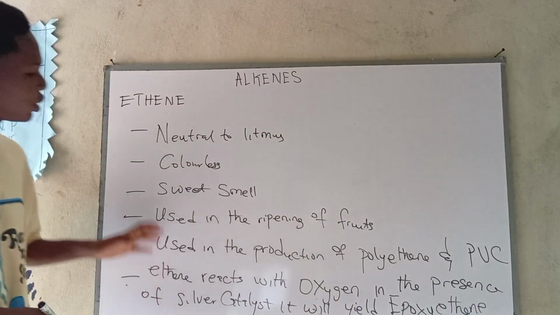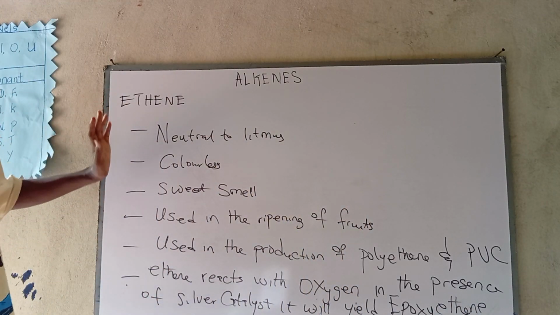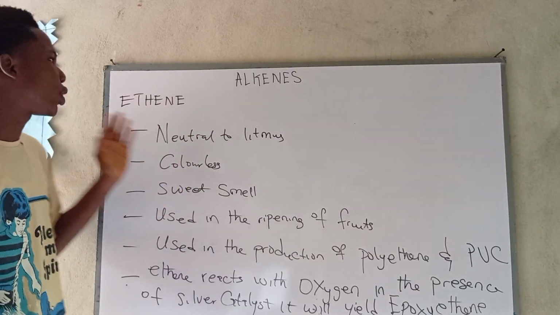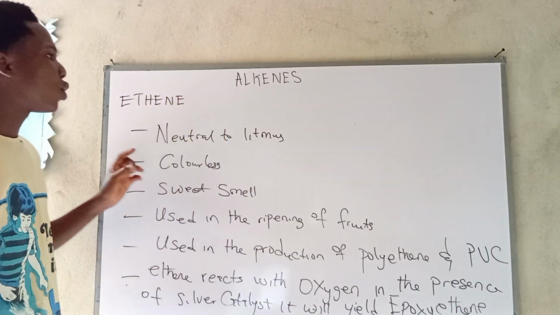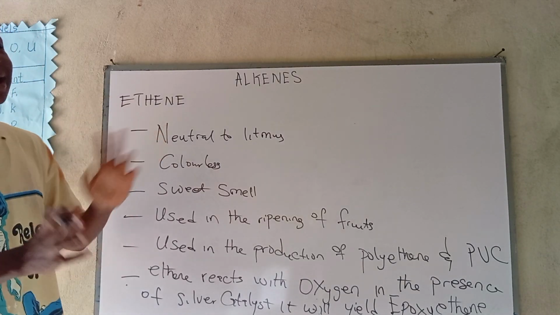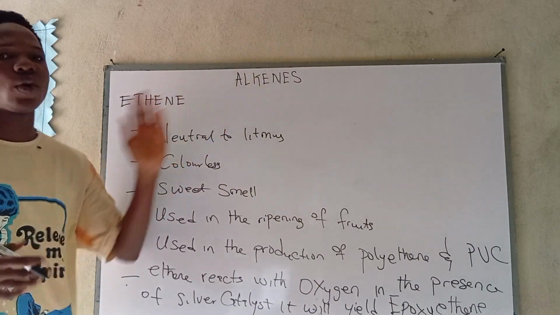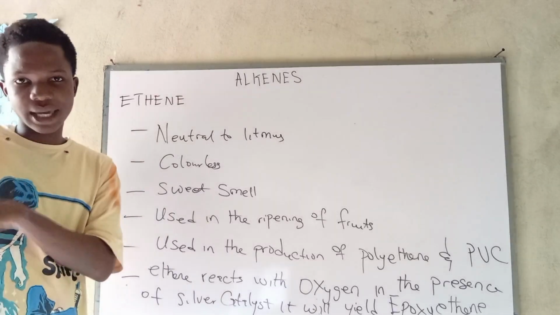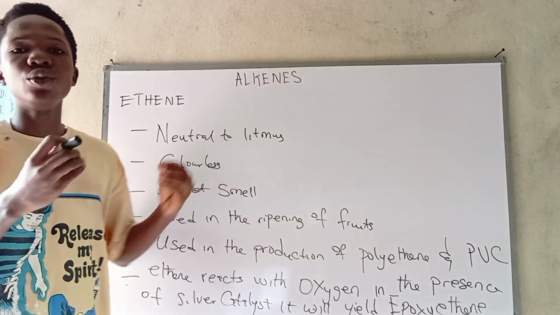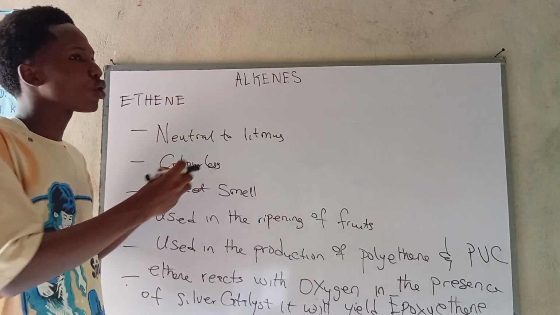Alright, I think these are important points you should note about the first member of the alkenes family, which we call ethene. Now we are going to talk more about the polymerization of alkenes when we are looking into polymer chemistry, because alkenes are used in the production of rubber.